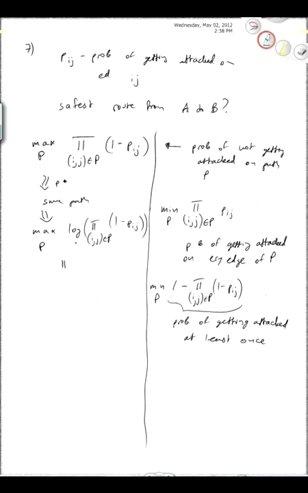So let's work with this now. We can just apply our log rules. We know that the log of a product is the same as the sum of the logs. So that's just equal to the max over all paths of the sum over ij in the path of the log of 1 minus pij. Okay, so we're getting closer to a shortest path problem here. But let's think about what's stopping us from saying shortest path.